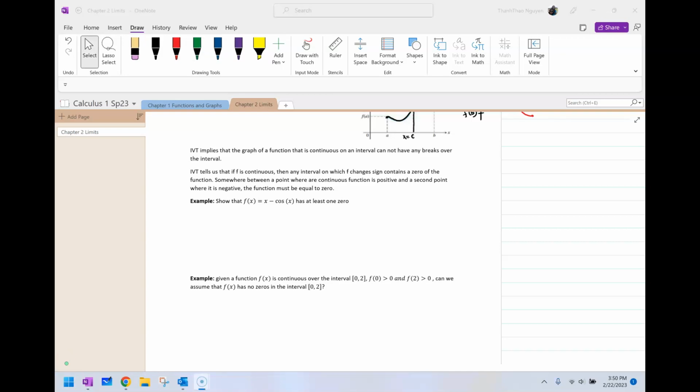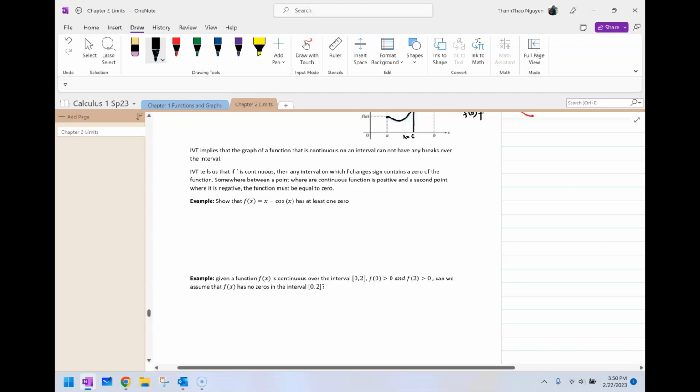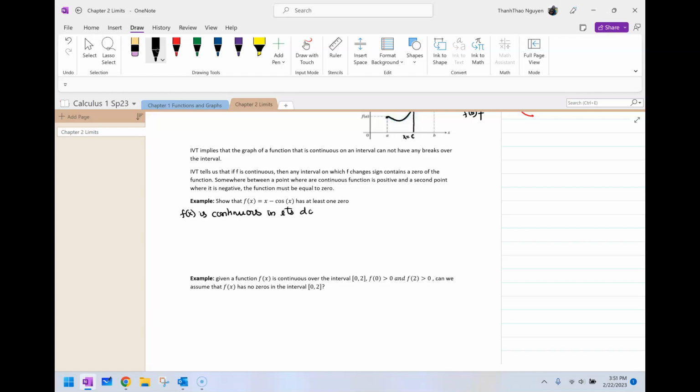Here we can see that f of x is a continuous function. F of x is continuous in a domain of negative infinity to infinity. And let a, b be the interval of concern.